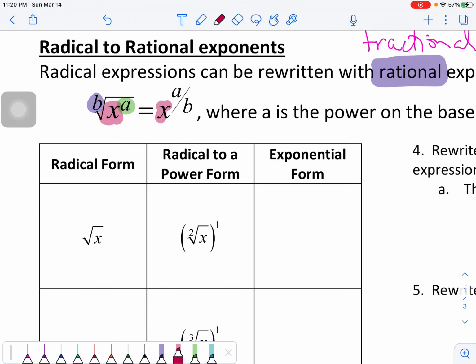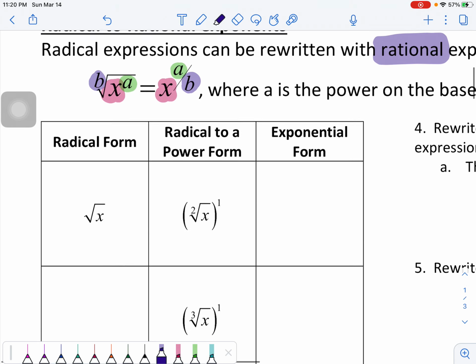Now that can be rewritten where x is still the base, the power of a is your numerator, and your index from your root is the denominator. Okay, so that's what we're going to be working with, this transition between radical expressions and rational exponents.